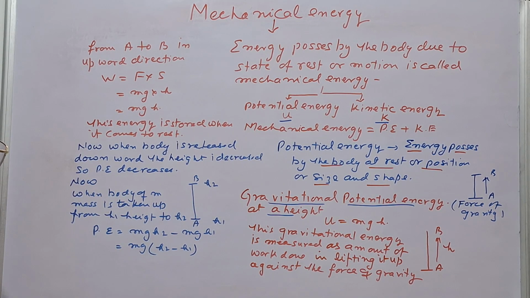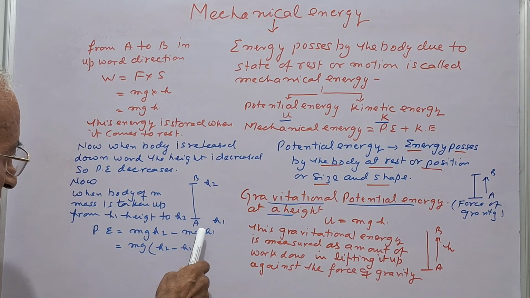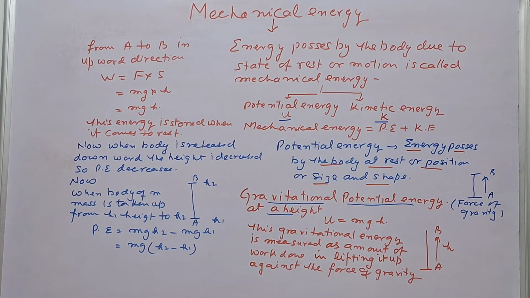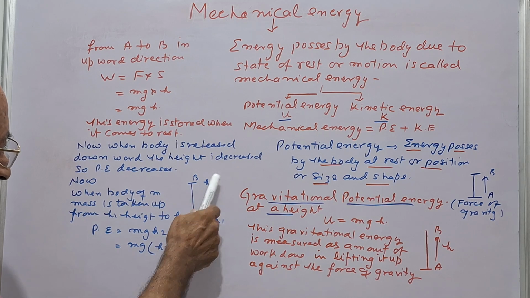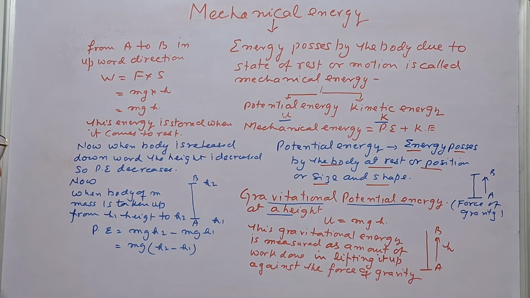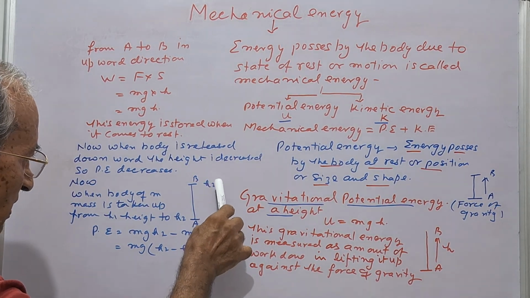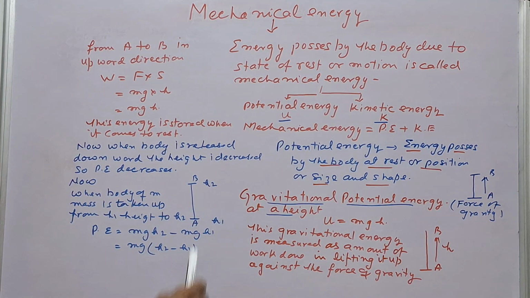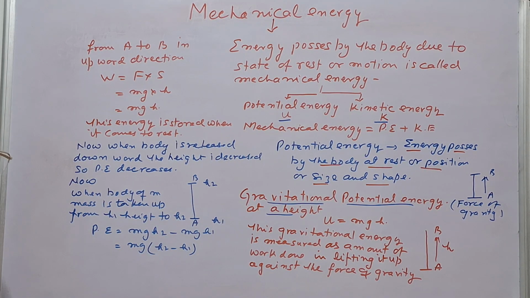Now here, suppose an object is at a certain height h1 and it is thrown upward to height h2. Then the potential energy difference between h2 and h1 depends on the difference of the heights.